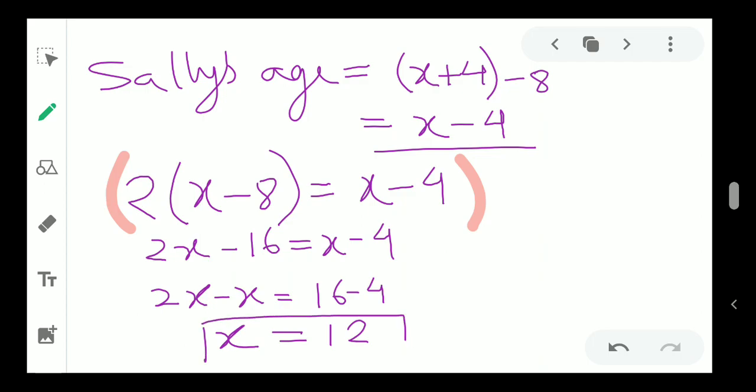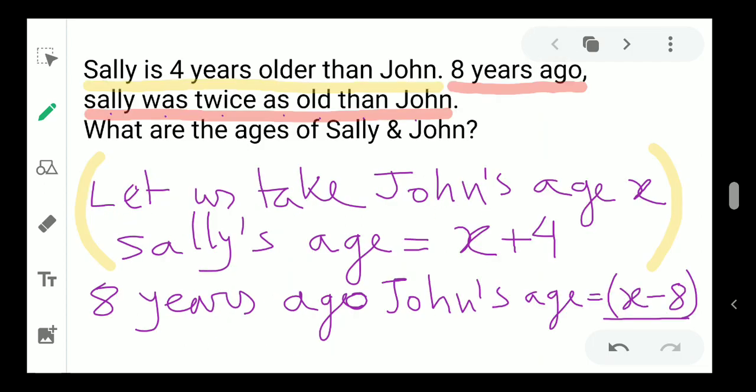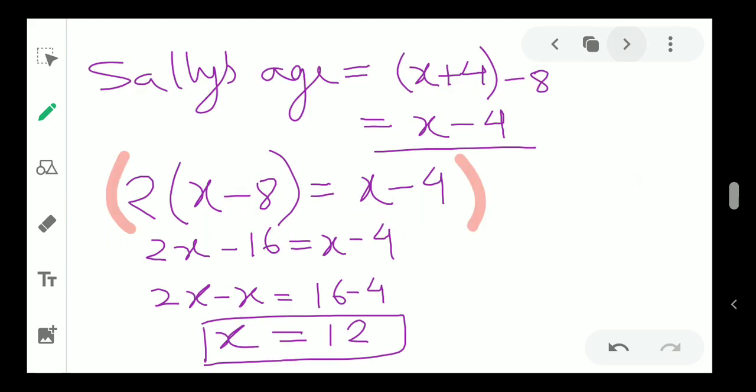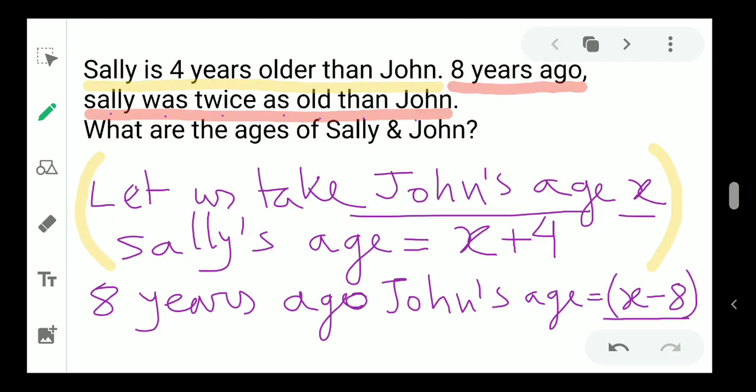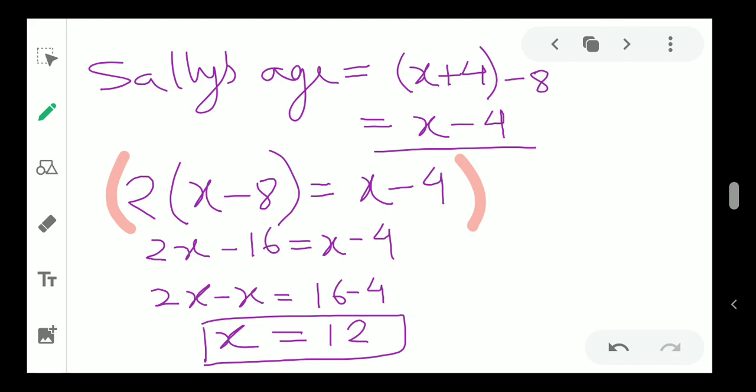What I considered as age X, John's age, I got 12. So what is Sally's age? Presently, that is John's age plus 4, that is 12 plus 4, that is 16. So X is 12, that is John's age, and Sally's age is 16.